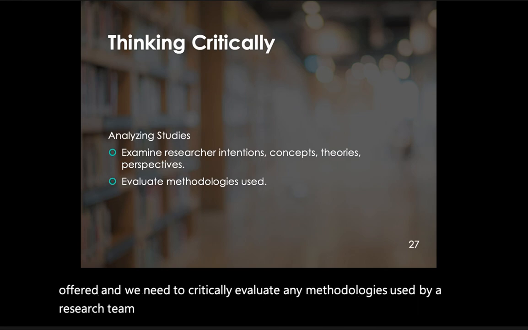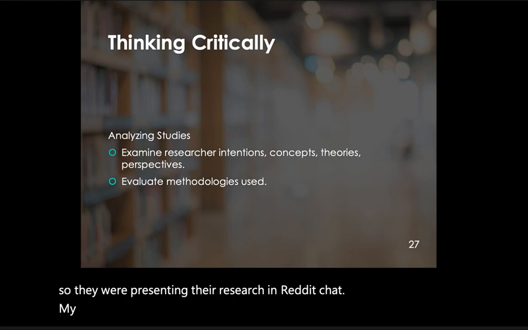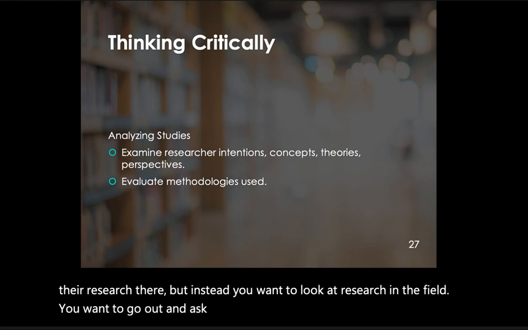So look at maybe this particular team did online research. So they were presenting their research in Reddit chat. Oh my goodness, what's the term for it? But Reddit pages. They're posting their research there. But instead, you want to look at research in the field. You want to go out and ask people to fill out a survey on a tablet that you're handing to them.